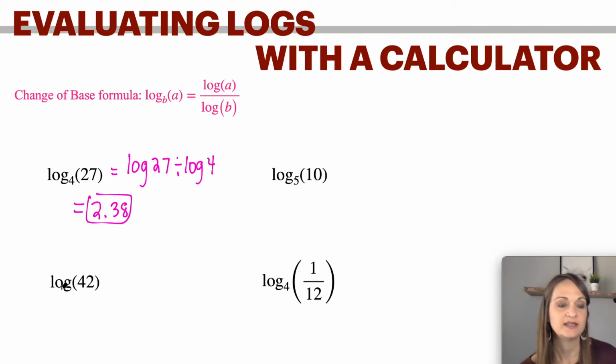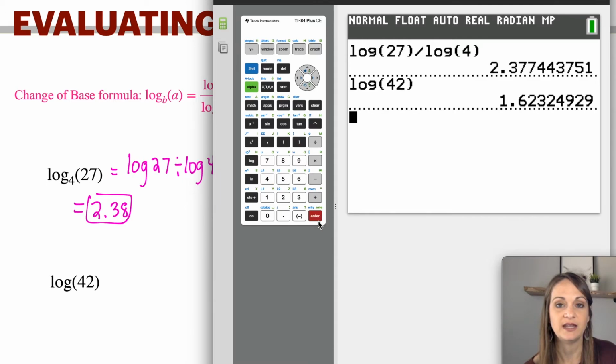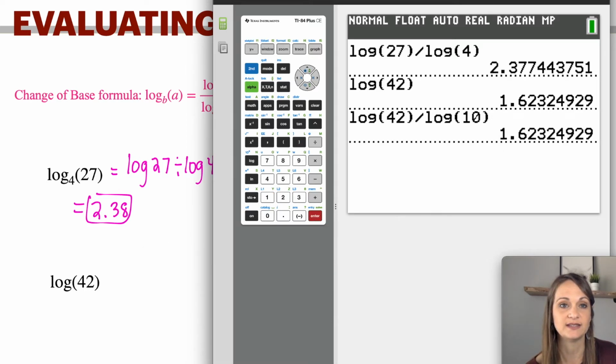So this would represent 2.38. In this case, log of 42, since it's already an understood base 10, you could just say log of 42 and then hit enter. You would get 1.62. But just to prove that it works, log of 42 divided by log of 10 gives you the exact same number, 1.62.